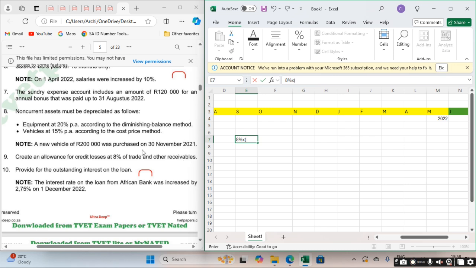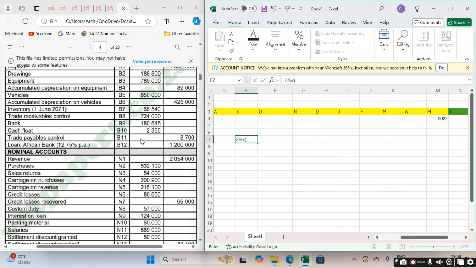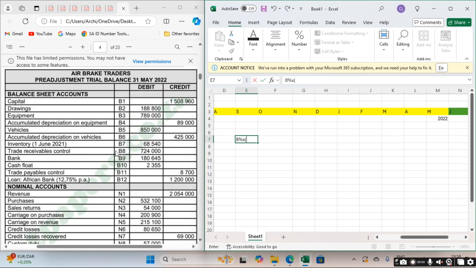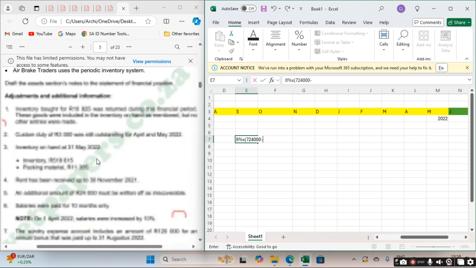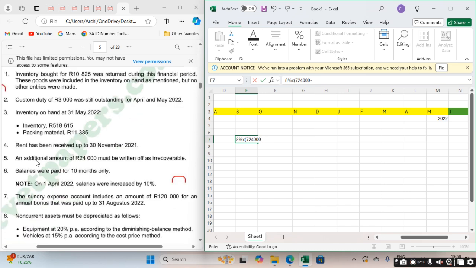Of trade and other receivables. Our total trade and other receivables is 724,000. And then we're going to minus those bad debts that we had in the beginning, the irrecoverable. So we have to minus it, meaning minus 24,000. Close bracket.